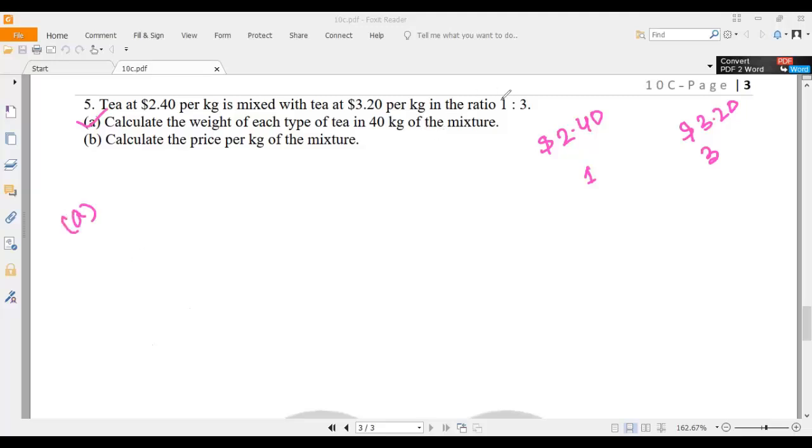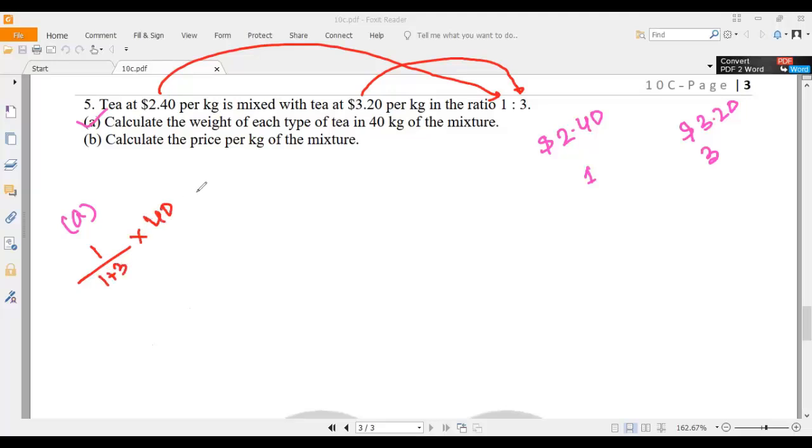So here we can say $2.40 tea will represent 1 and $3.20 tea will represent 3. So this one will represent 1 out of 1 plus 3, that means 4, multiplied by 40 kg. That means 1 by 4 multiplied by 40, that will be 10 kg of this tea.